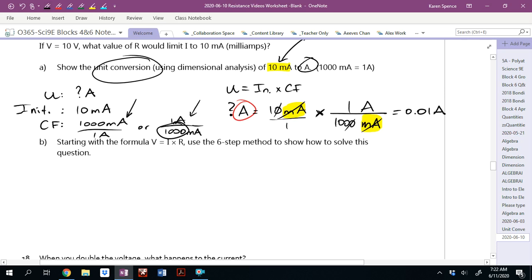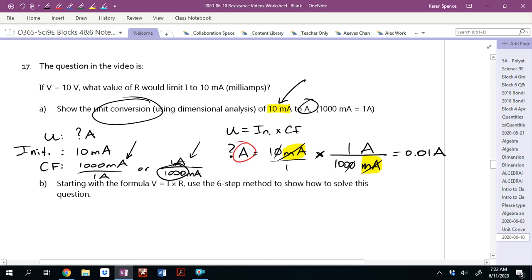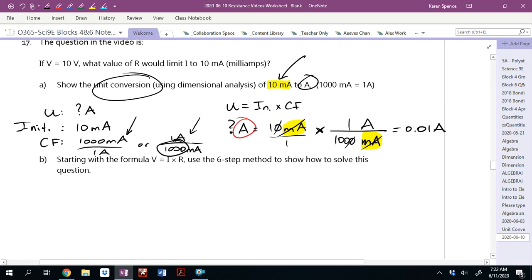Starting with the formula V equals I times R, use the 6-step method to show how to solve this question. So we need to write our givens. We are given the current is 0.01 amps.